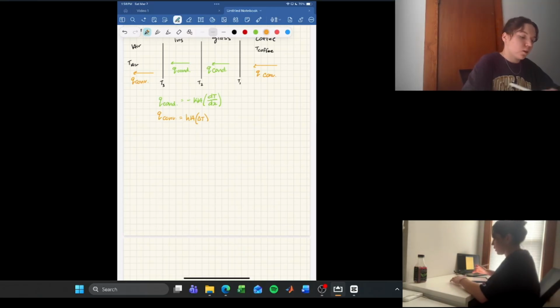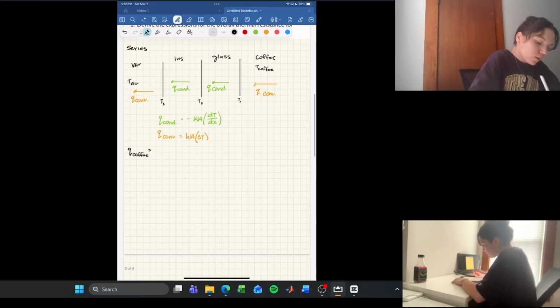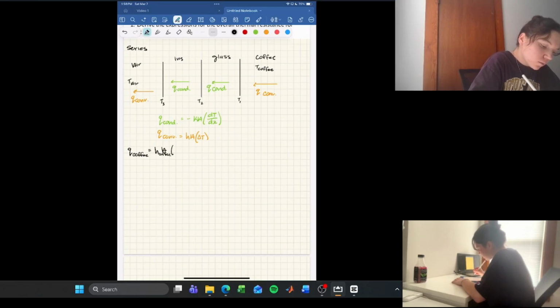So let me write this all the way out. So we had the heat flow of the coffee is the convection coefficient of the coffee times the cross-sectional area, and this was times the change in temperature, which is the temperature of the coffee minus the temperature at T1.